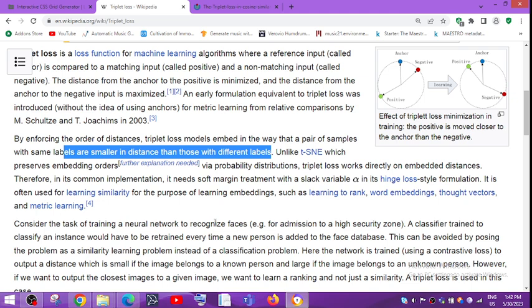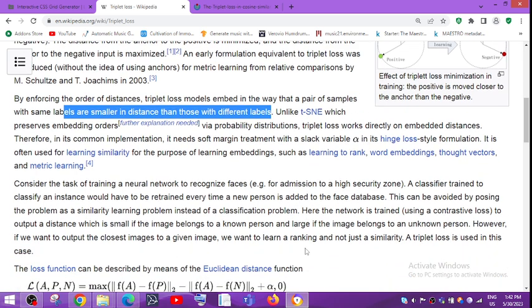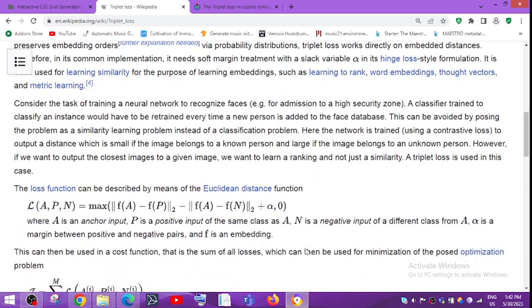Here the network is trained using the contrastive loss to output a distance which is small if the image belongs to a known person and large if the image belongs to an unknown person. However, if you want the output to be the closest image to a given image, we want to learn a ranking, not just a similarity. Triplet loss is used in this case.